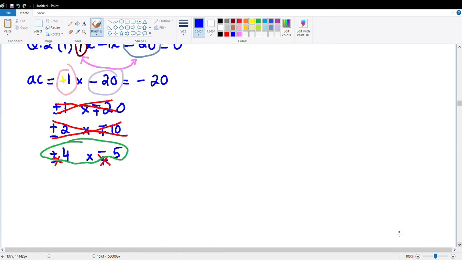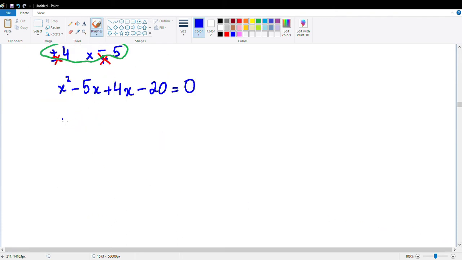So splitting it, we get x squared minus 5x plus 4x minus 20 equals 0. Now, you can see that we can take x common from the first two terms, and we get x minus 5.